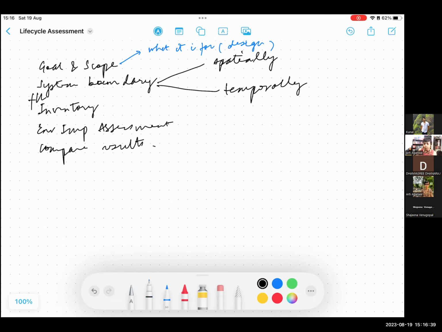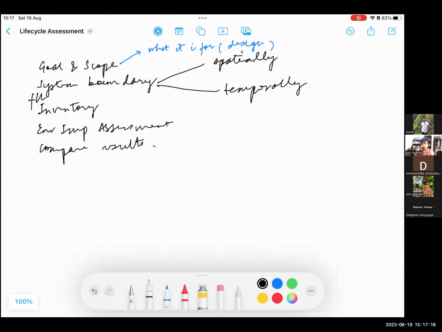Then coming to system boundary, does anybody want to explain what is system boundary spatially and temporally? What I understood from the previous lecture, the system boundary is what we define to get the final goal where we are designing, like whether it is going cradle to grave, and the end products we are deciding.